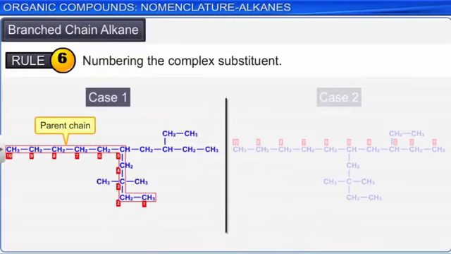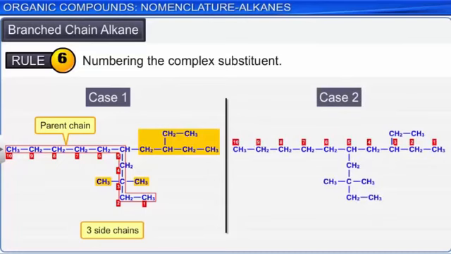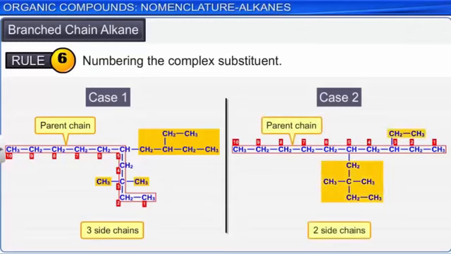The chain highlighted in red has 3 side chains attached to it. If we select the other chain, as shown, as the parent chain, it will have only 2 side chains attached. Hence, case 1 is the correct way to select the chain.